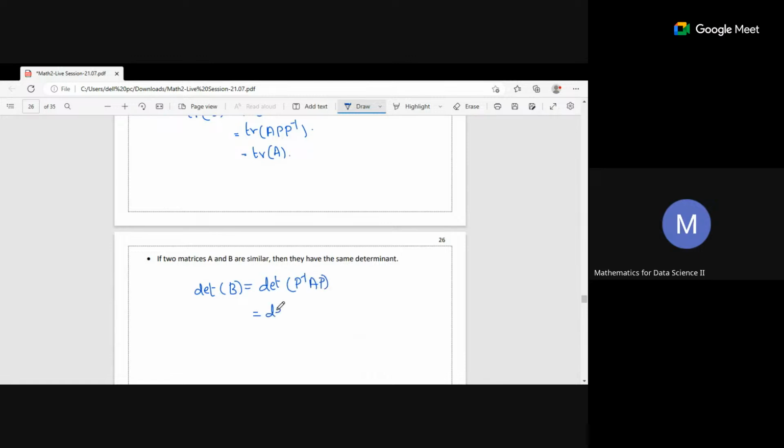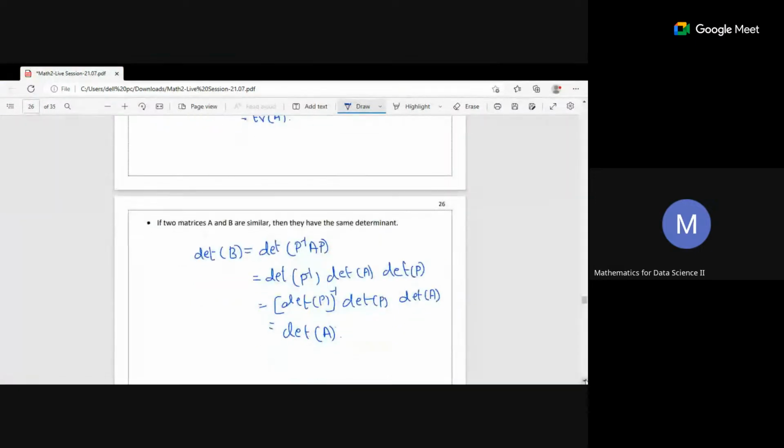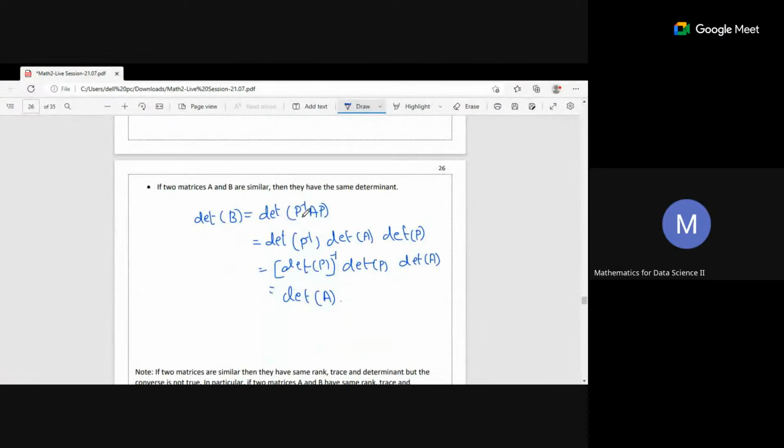We can split the determinant: determinant of P inverse, determinant of A, determinant of P. And determinant of P inverse is determinant of P whole inverse, and that is why this will become 1 and you will simply have determinant of A. We have already proved during the determinant topic itself that determinant of P inverse AP is determinant of A.